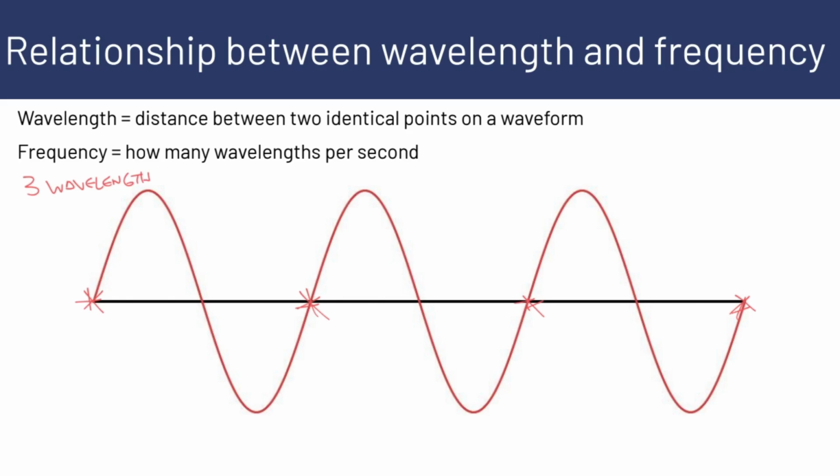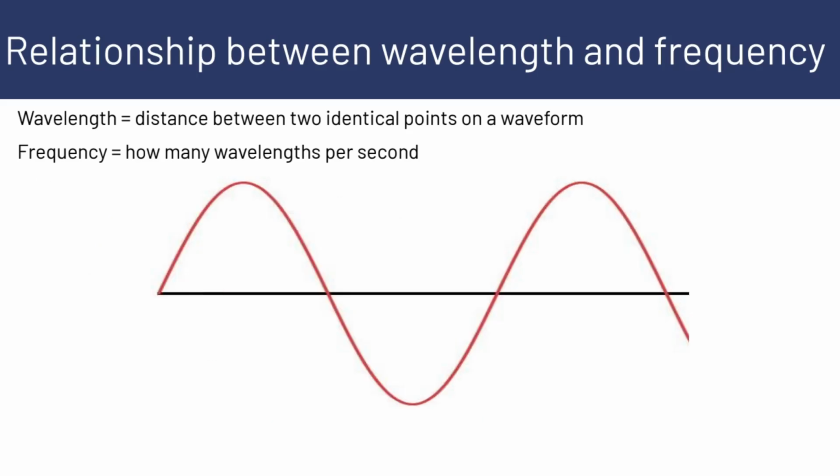It takes the same amount of time for these 3 wavelengths to go past this window as it does for the wavelengths in the next images to go past. So we could say that this is kind of a medium frequency wave.